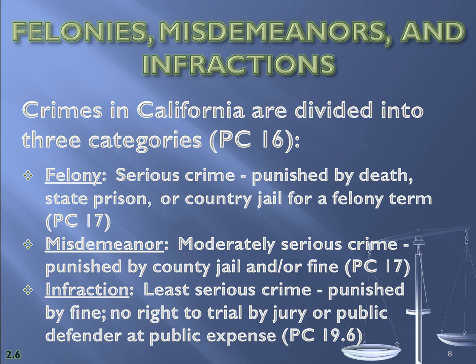Typically, it's imprisonment in the state prison or in the county jail for a term of 16 months, 2 or 3 years, or a longer period as specified by statute, because some statutes will tell you how much time you're going to do. That's the punishment part, remember, in order for it to be a crime or a law. The next one is misdemeanor. It's a moderately serious crime punished by county jail time or a fine or both.